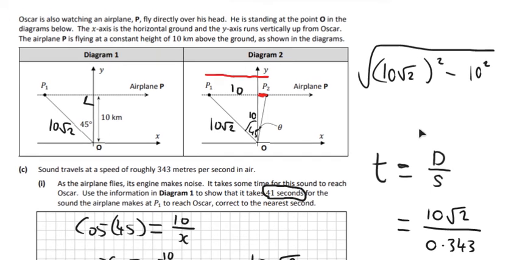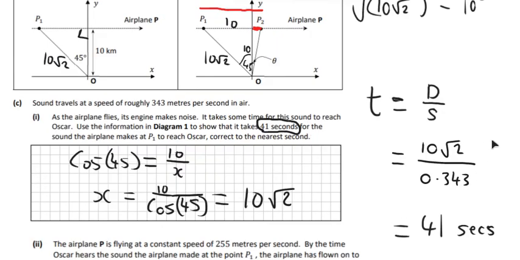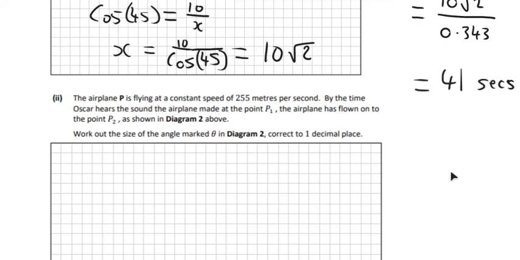So to work out the distance from P1 to P2, we're going to use distance is equal to speed multiplied by time. Now the speed is given to us really, it's 255 meters per second, so in kilometers that's 0.255.